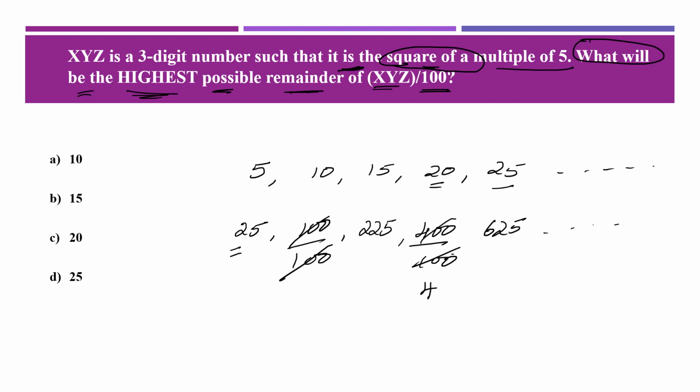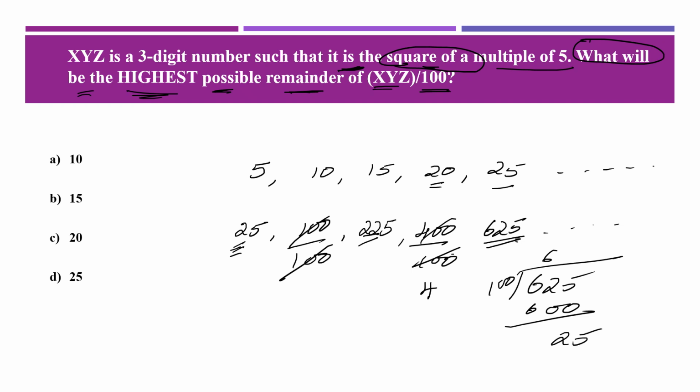And all other numbers ending with 5s, that is 25, here it's 225, here it is 625. When you divide these numbers, obviously the remainder is going to be 25. As we have two zeros, a 2-digit number would be the remainder. In that case, I go with option D.